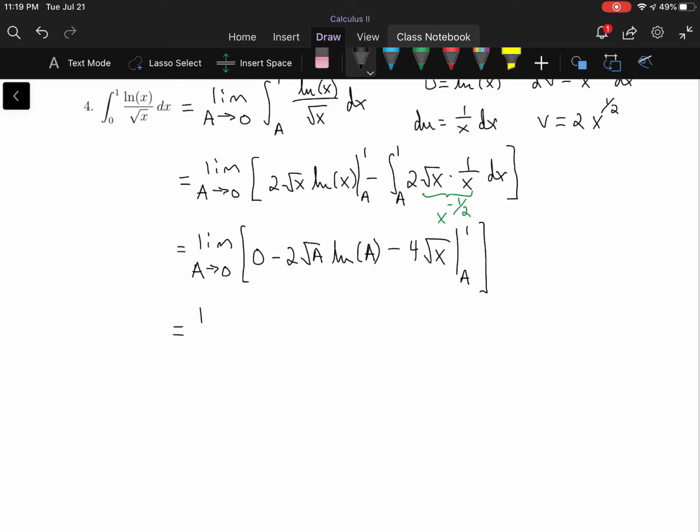So where does that bring us? We've got the limit as a goes to 0 of negative 2 root a, natural log of a, minus, and I'll do this in parentheses, we've got 4 times root 1, which is 4, minus 4 root a.